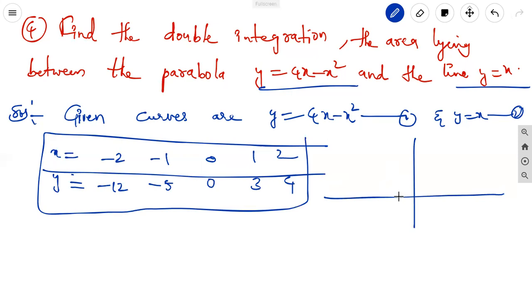For the negative values, minus 1 gives minus 5, minus 2 gives minus 12, 0 gives 0, for 1 it is 3, and for 2 it is equal to 4.